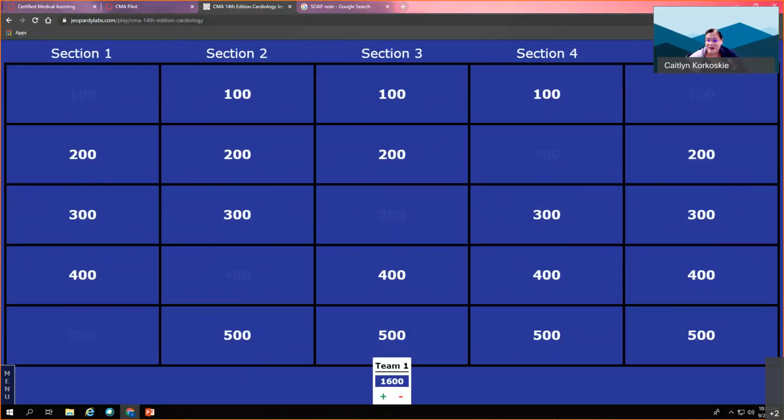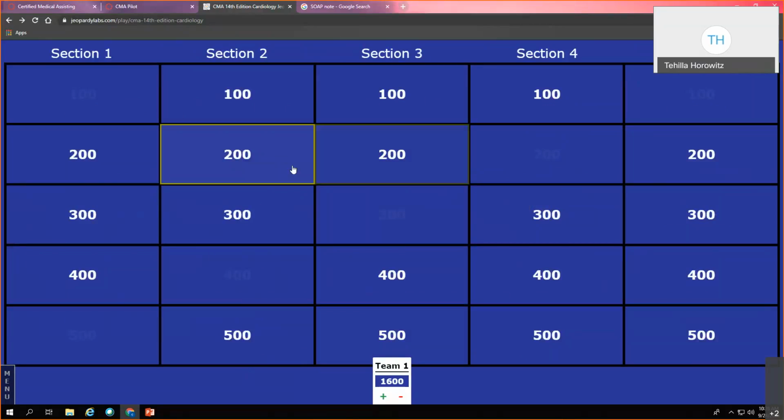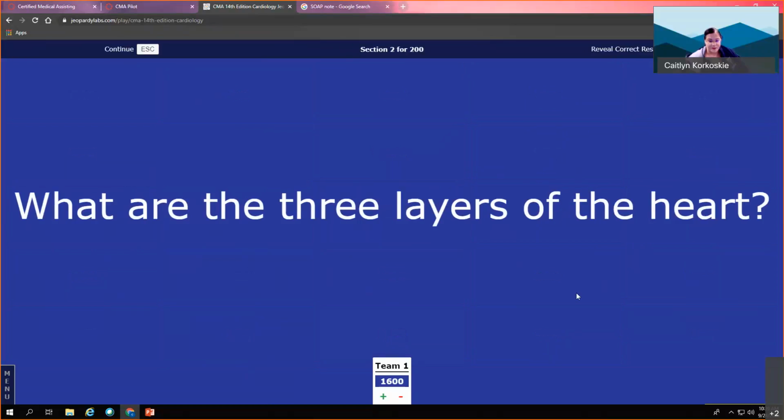All right. Which one do you want to go for next? Section 2 for 200. What are the 3 layers of the heart? That is an excellent question. I'll give you one, and then we'll go from there.